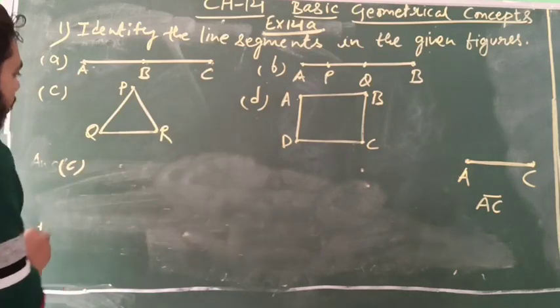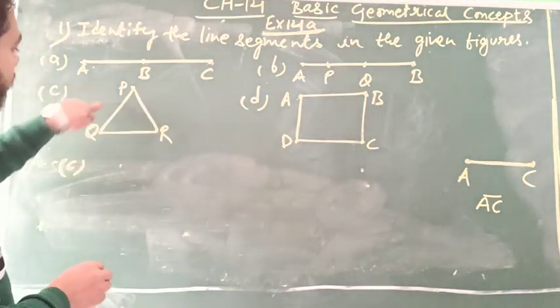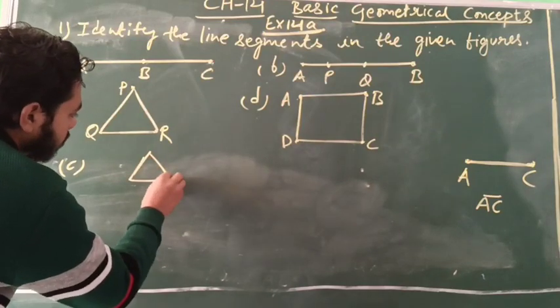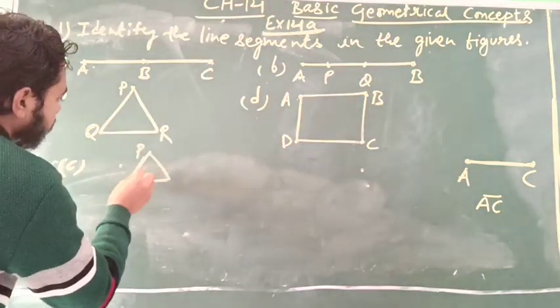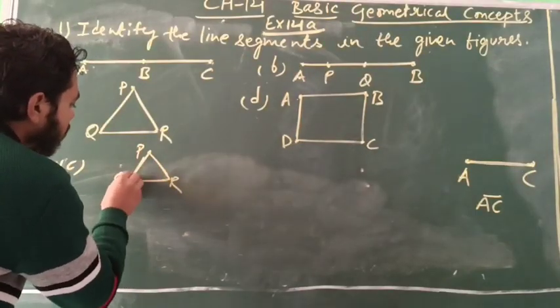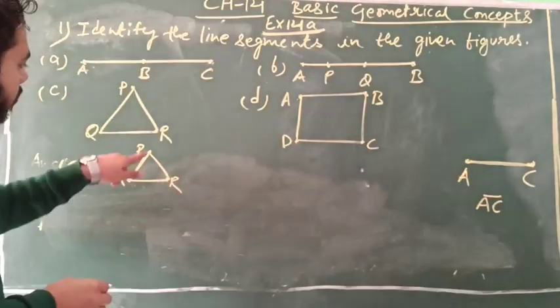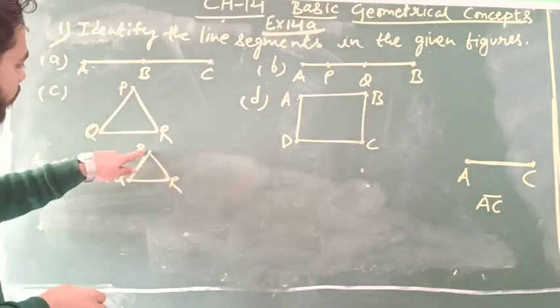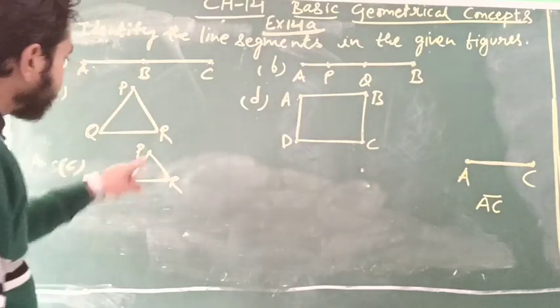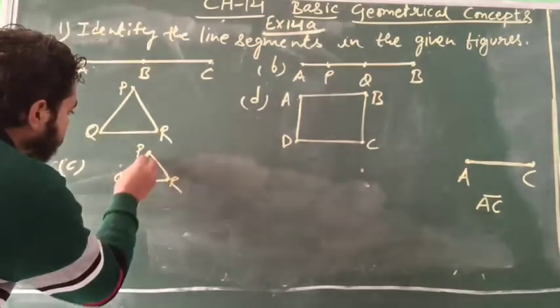So figure C. In this you are seeing that there are 3 points P, Q, and R. So we have to find the line segments.